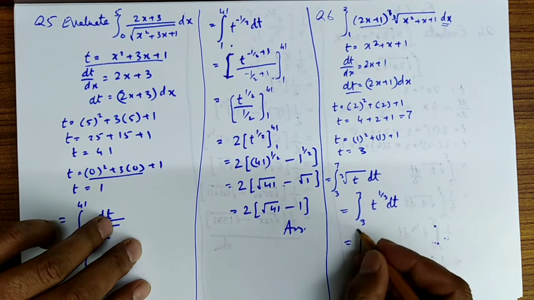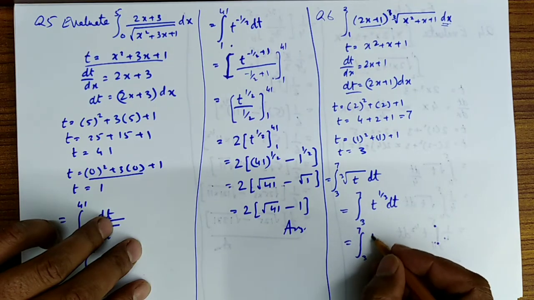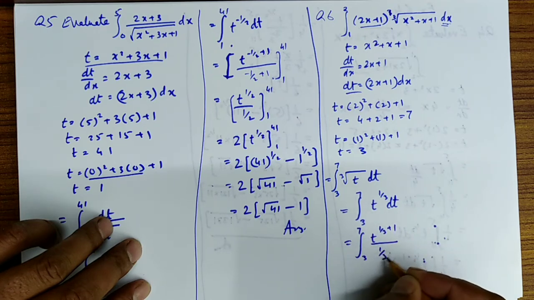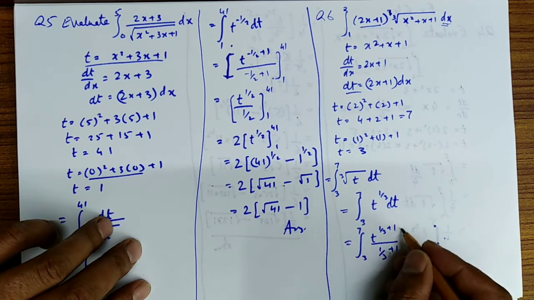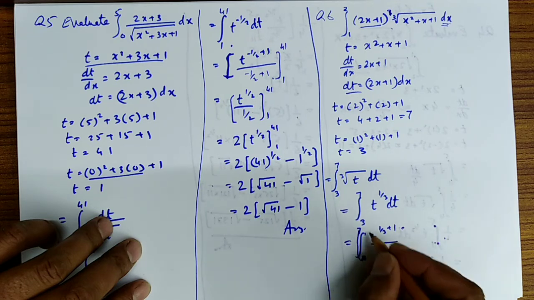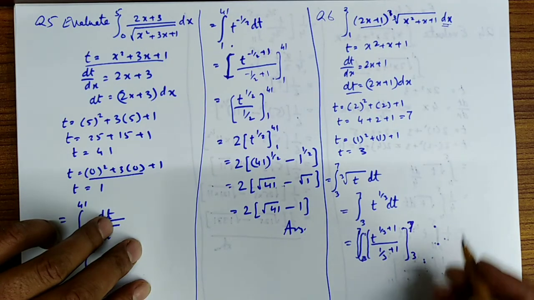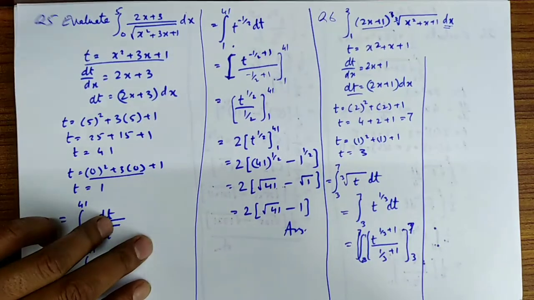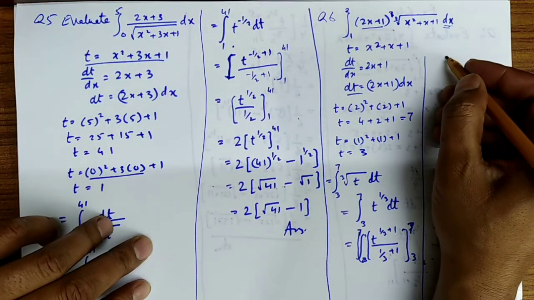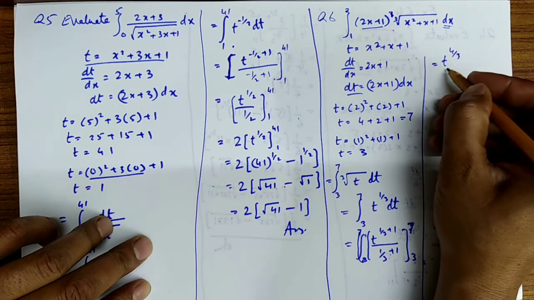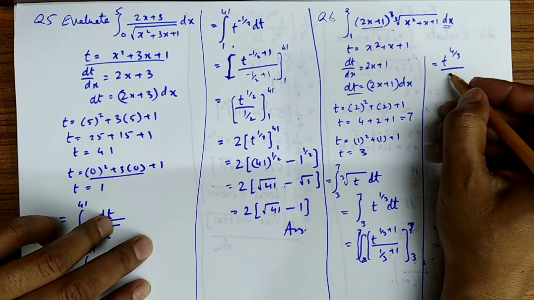So integral from 3 to 7 of t power 1 upon 3 plus 1 divided by 1 upon 3 plus 1, sorry, such mistakes. So t power 1 upon 3 plus 1, that is 4 upon 3, you can add up the fractions, and the denominator is again 4 upon 3.